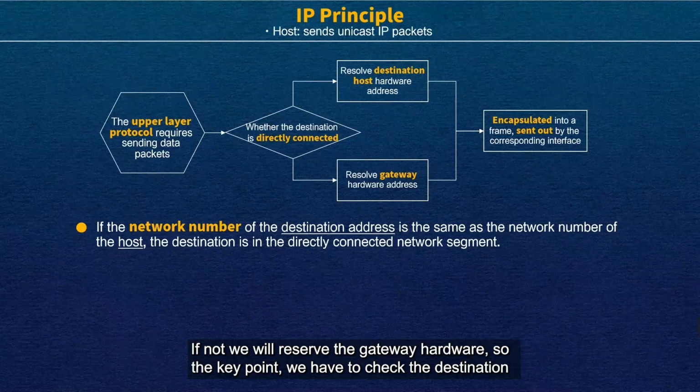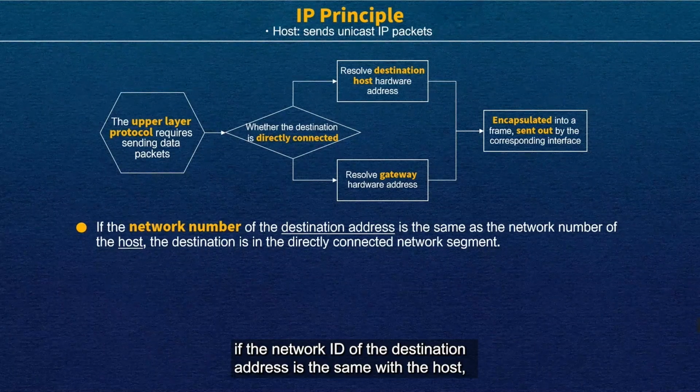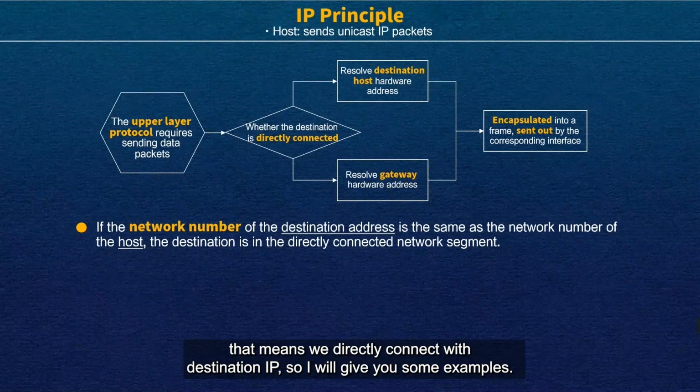So, the key point, we have to check whether the destination IP is directly connected or not. How to check? We have to compare the network number. If the network number of the destination address is the same as the host's, that means we are directly connected with the destination IP. So I will give you some examples.